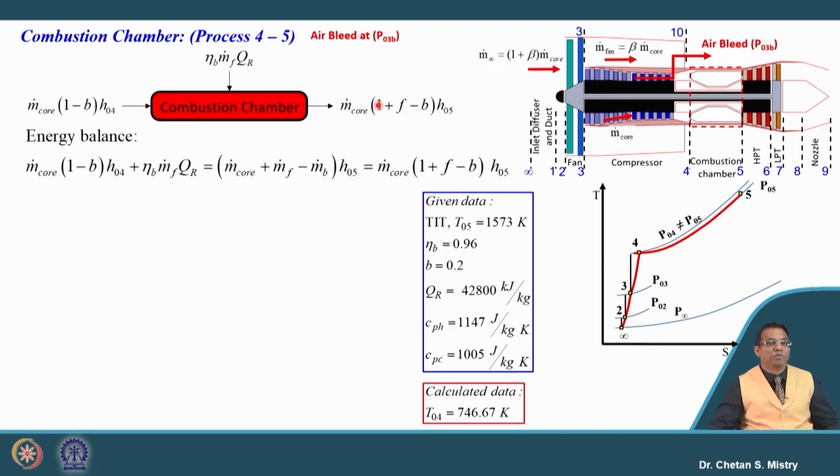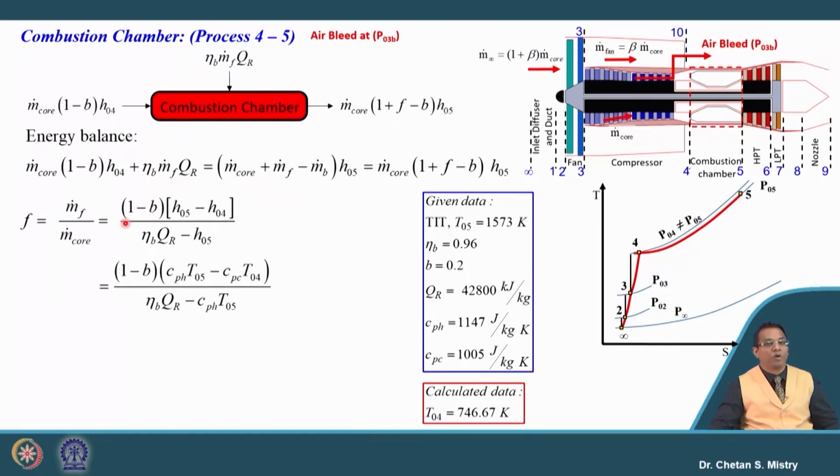Okay. So, let us put the energy balance here. When we write this energy balance, the fuel air ratio is given by this equation. Here it is multiplied by 1 minus B. Be careful about that part. Now, H05 we write in terms of Cp T05, but this is at high temperature, which is why we say Cp of hot gas.